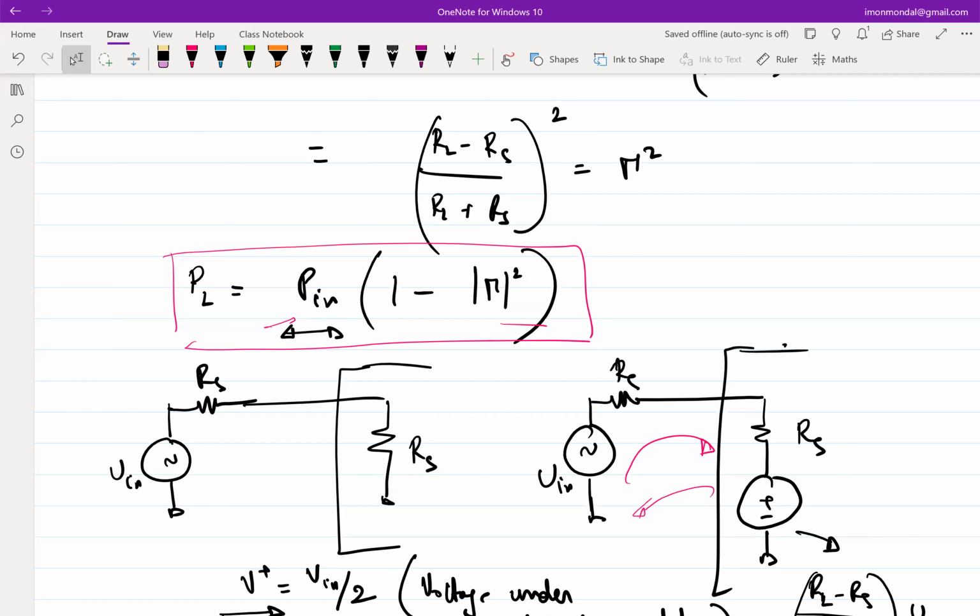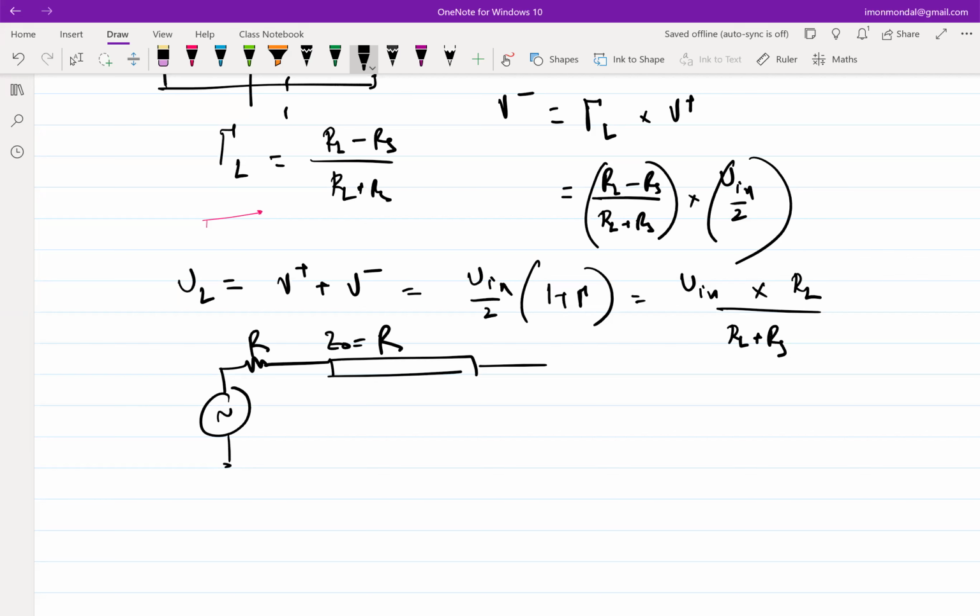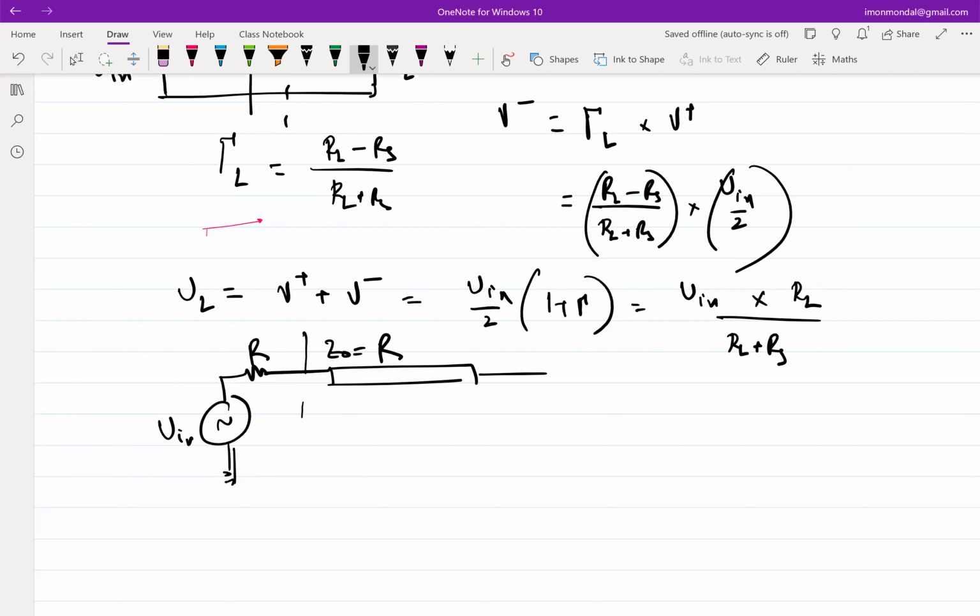Okay. So this is similar to saying, by the way, this is no voodoo or anything, right? Let's say this is R, and Z naught is also equal to R. So when we talk about the forward going wave under this condition itself, what is V plus?